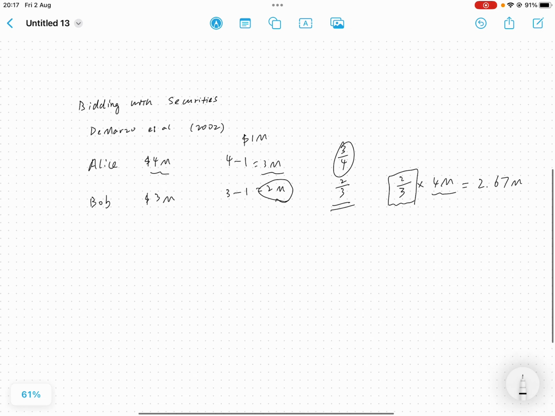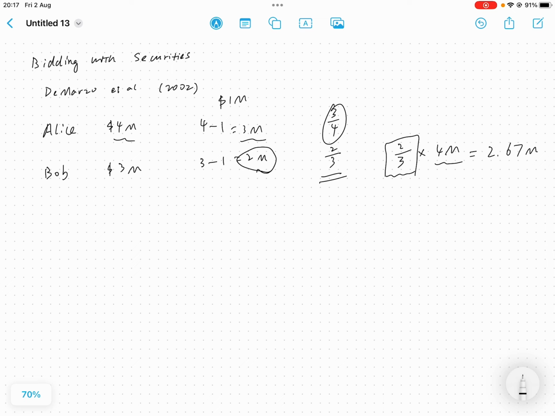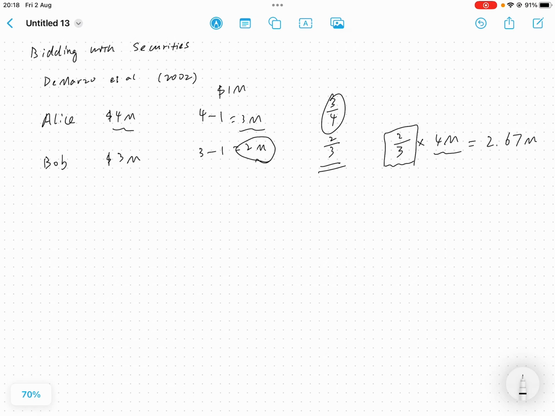So that's the basic idea of this example, to show that using some securities can actually improve the revenues or the payoffs for the seller. That's a good thing for the seller, but of course that's not good for the buyer, for the bidders. So that's a very good example, and now we continue on the model part.